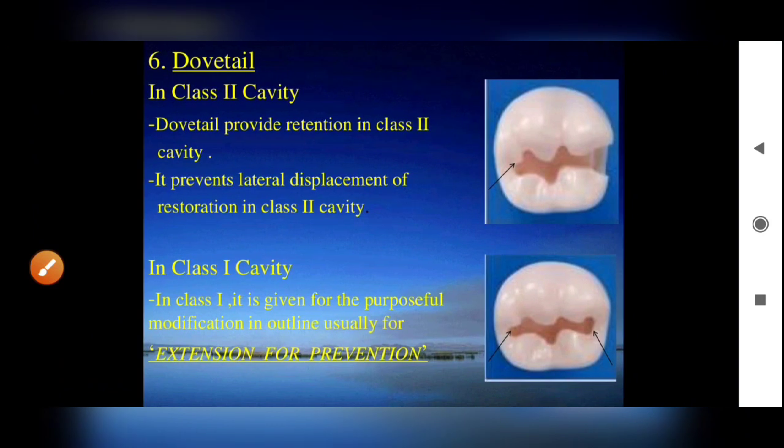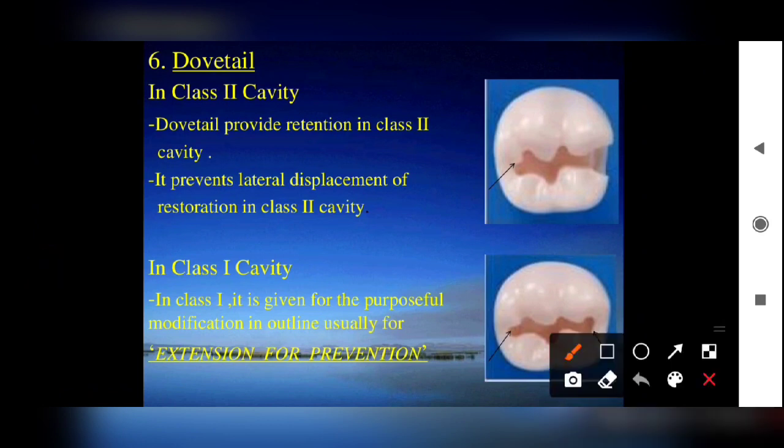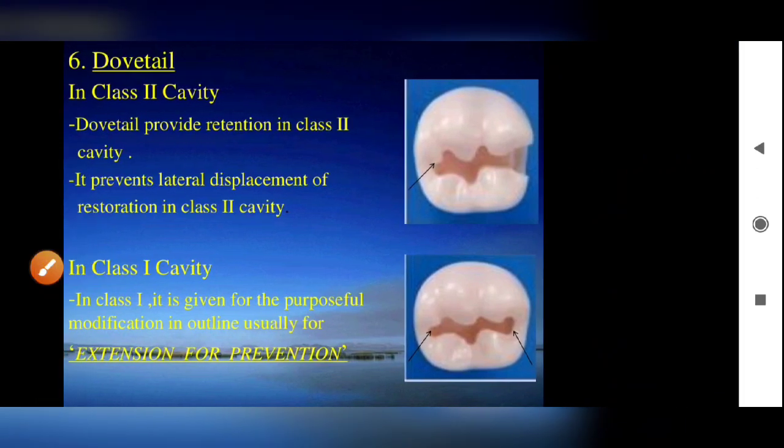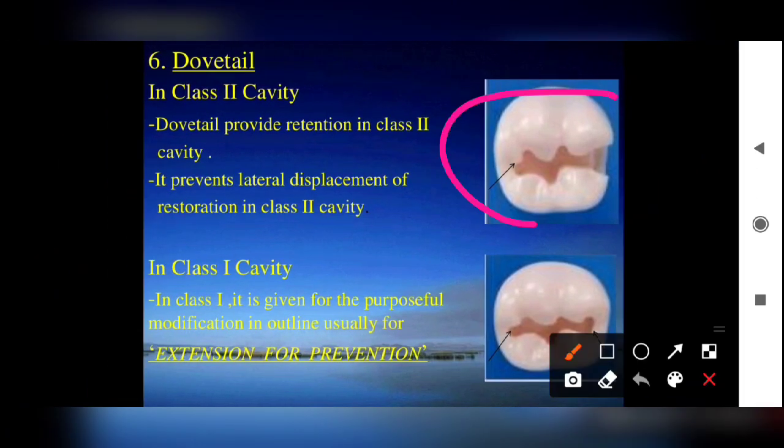And dovetail provides retention in class 2 cavity, and it prevents the lateral displacement of the restoration in class 2. Because of this pit present here, it would prevent the lateral displacement of the restoration. It is another feature of retention. And in class 1 pit, as you can see here, this is the class 2 pit and this is the class 1 pit.